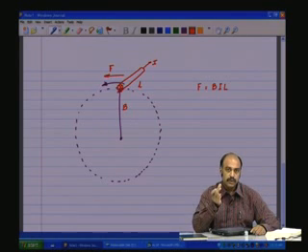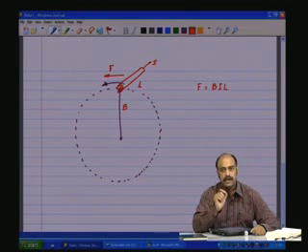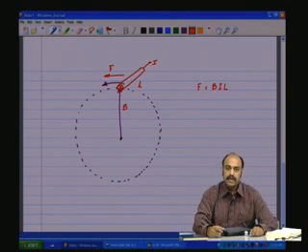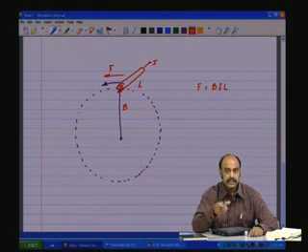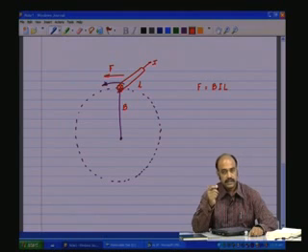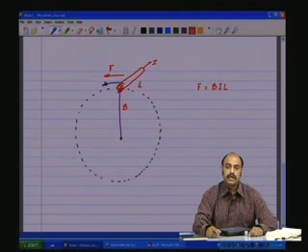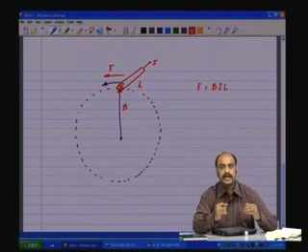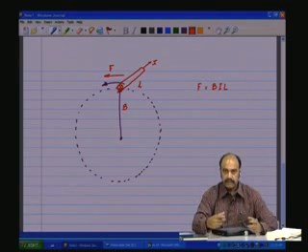This means there is no relative speed between them, and therefore there is no cutting effect of the magnetic field, no induction of current in the rotor, and therefore there is no force for the rotors to move, and it will again lag behind. So the rotors will never catch up.